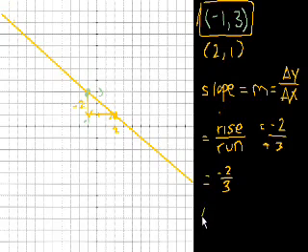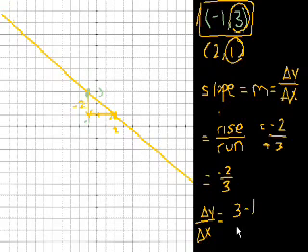Change in y over change in x is equal to, we take the first y point, which is 3, and we subtract the second y point, which is 1. You see that? We just took 3 minus 1, so that's a change in y, over, and we take the first x point, -1, minus the second x point, -2.